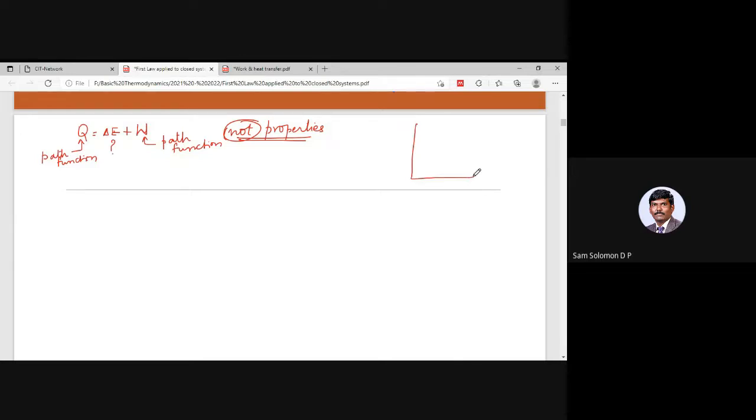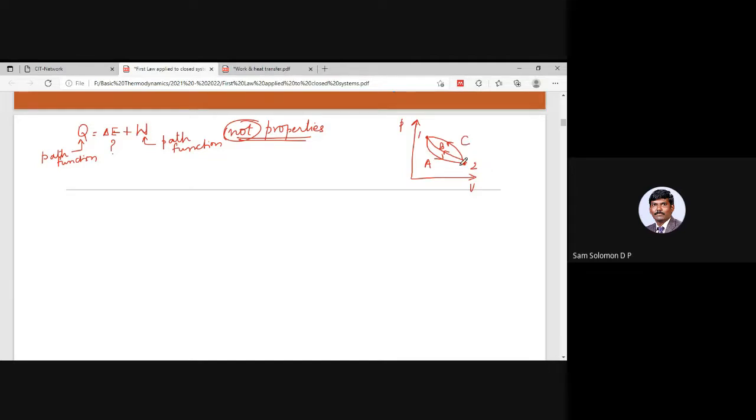So let me take a PV diagram, and I have state points 1 and 2. I am taking a path A to move from 1 to 2, and I am taking path B to move from 2 to 1. I am taking path C also to move from 2 to 1.